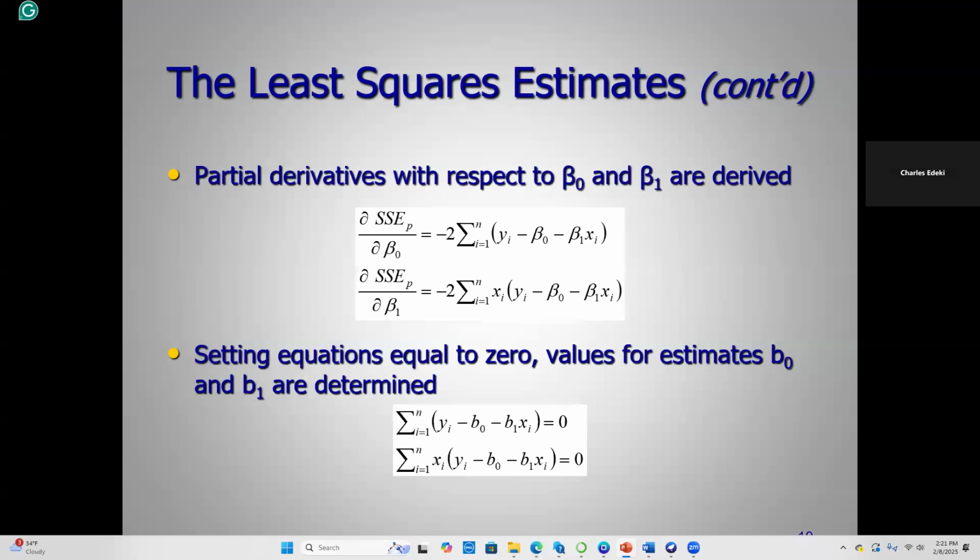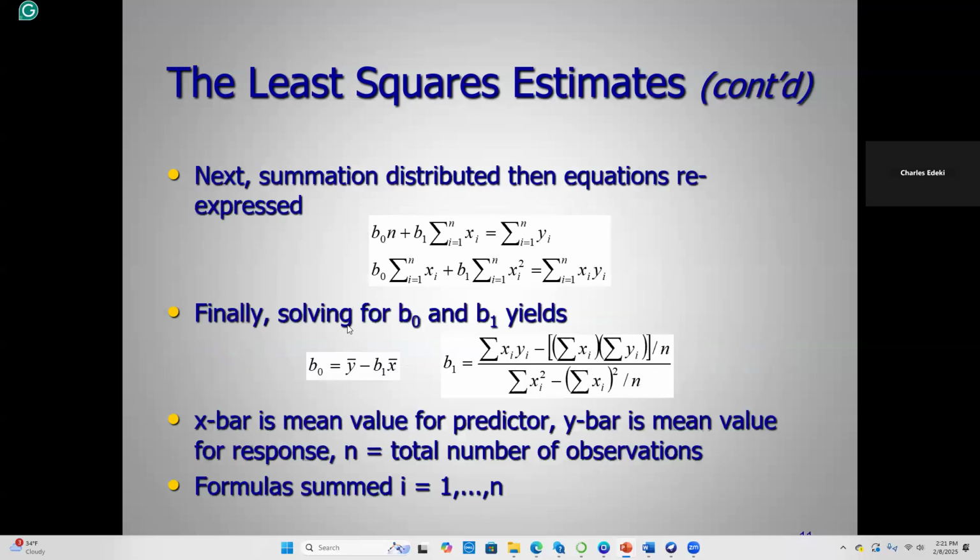Then we have the least squares estimate. Wait a few seconds. If no question, let's keep going. So next we have the summation distributed, then the equation re-expressed again.